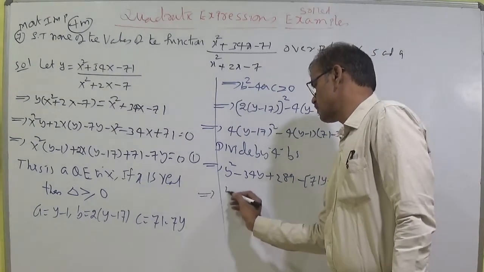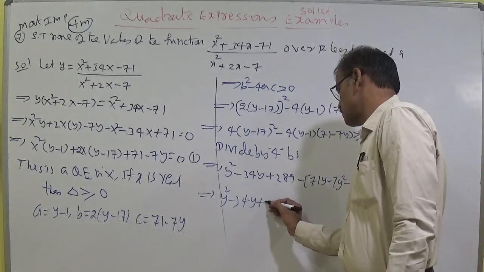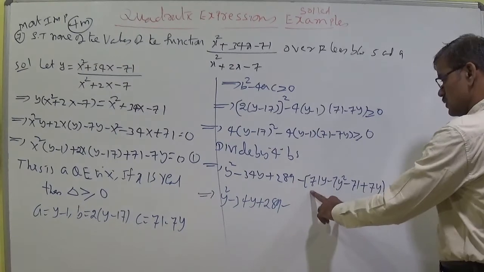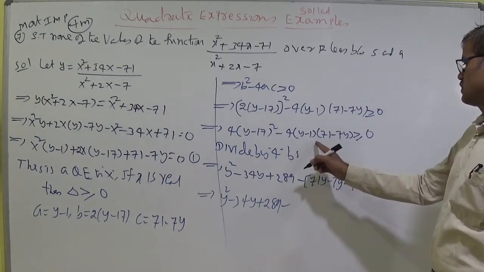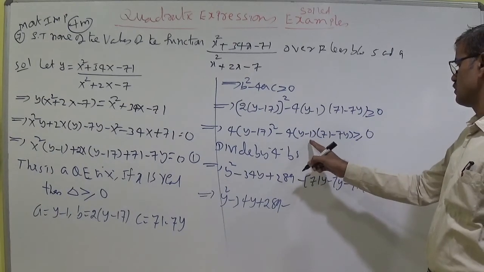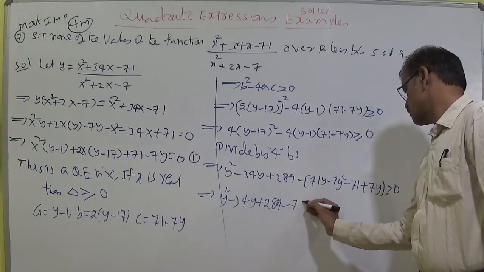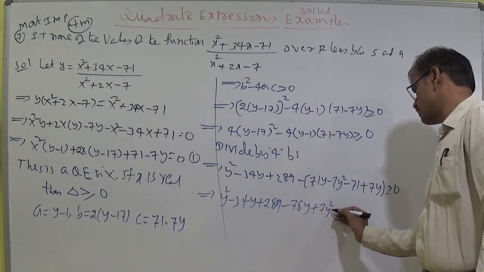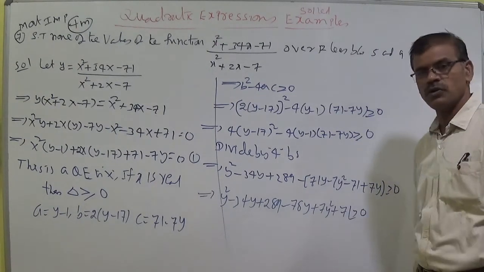Next step, y square minus 34y plus 289 minus 71y, and 7y makes 78y, minus 78y and 7y square plus 71 greater than or equal to 0.